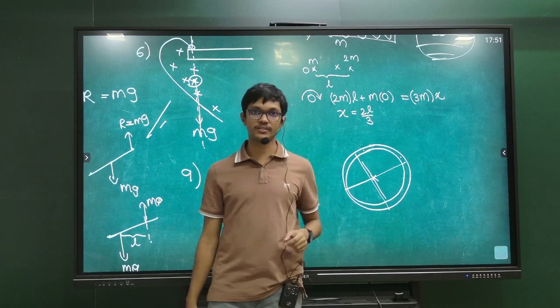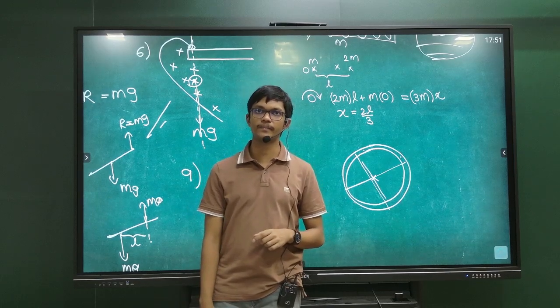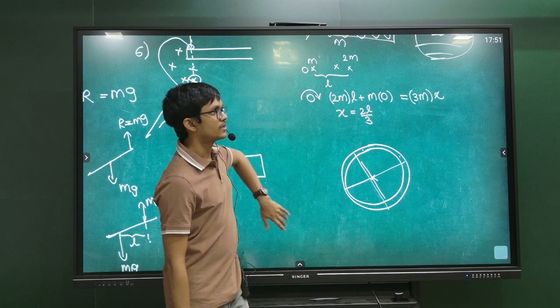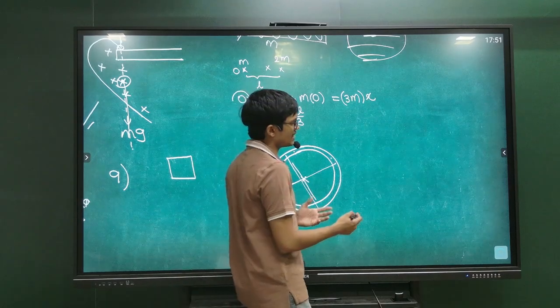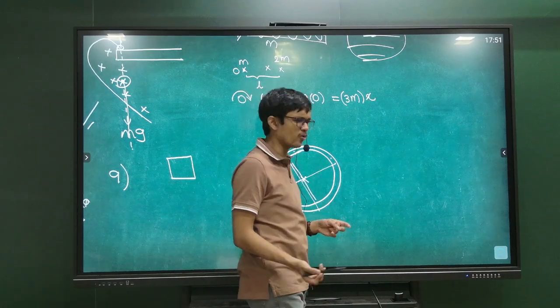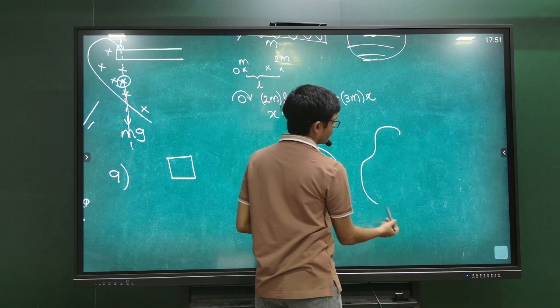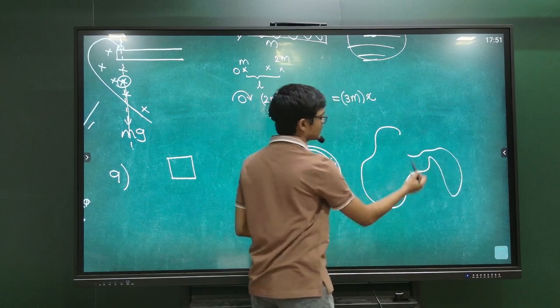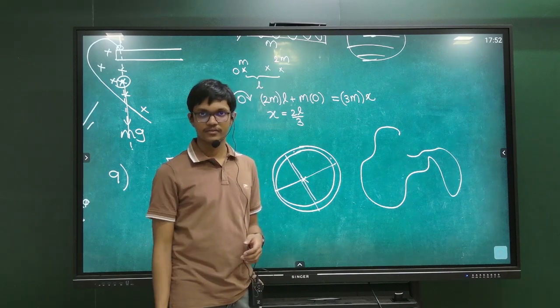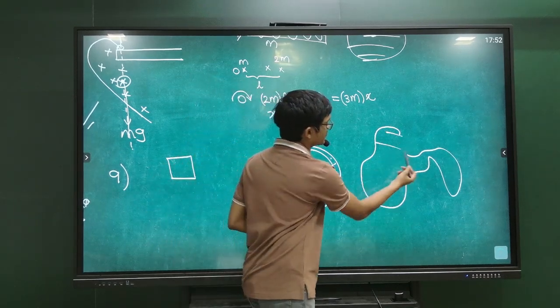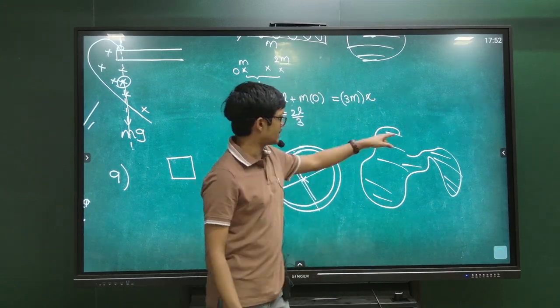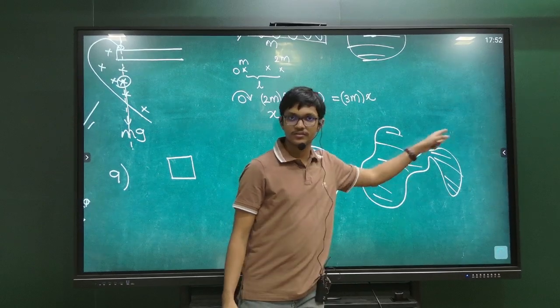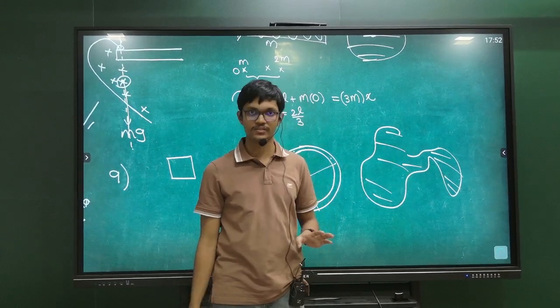But there's something like this. The center of gravity can never stay out of the boundary. Boundary in the sense, if there's an object like this, there's a certain boundary that it creates, right? Consider that this is a metal wire.